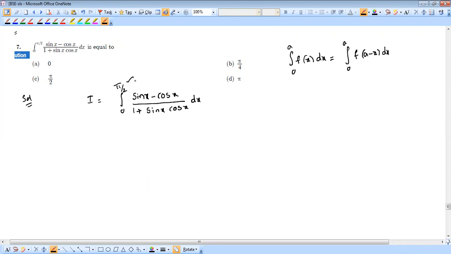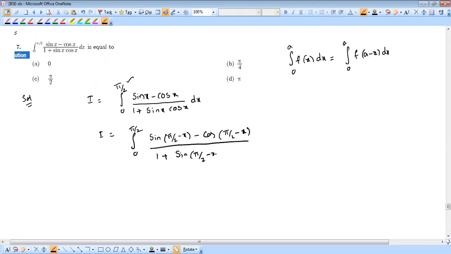Here the a value is pi by 2. So I is equal to integration 0 to pi by 2 of sin of pi by 2 minus x minus cos of pi by 2 minus x, divided by 1 plus sin of pi by 2 minus x into cos of pi by 2 minus x dx.